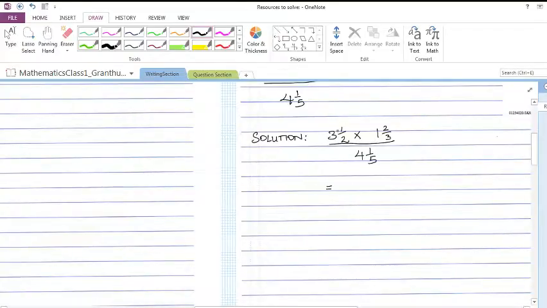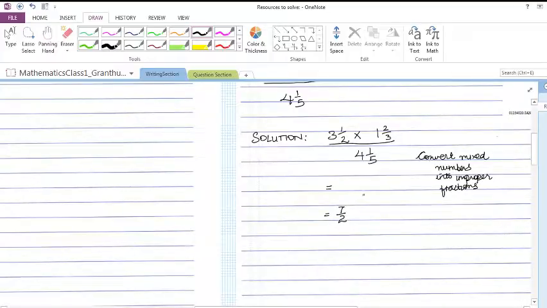So 2 3s are 6 and 1. Oh, the first step is to, of course, convert mixed numbers into improper fractions, sorry. So what we have, 2 3s are 6 and 1, 7 over 2.